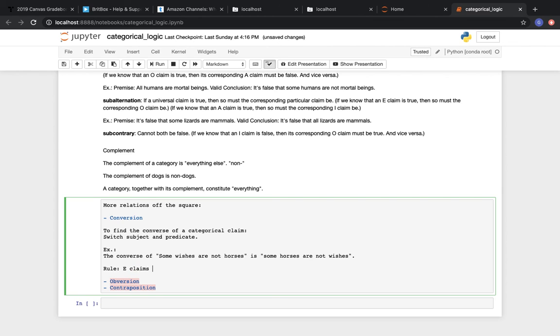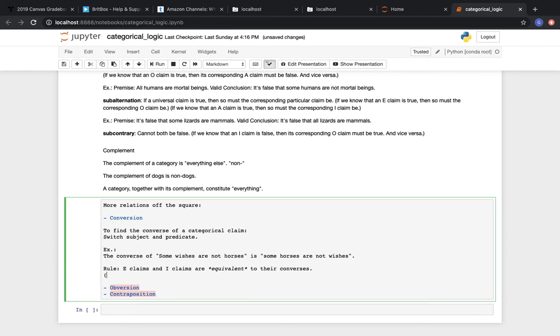E claims and I claims are equivalent to their converses. And so in particular, if we know that some E claim is true, then so must its converse be.